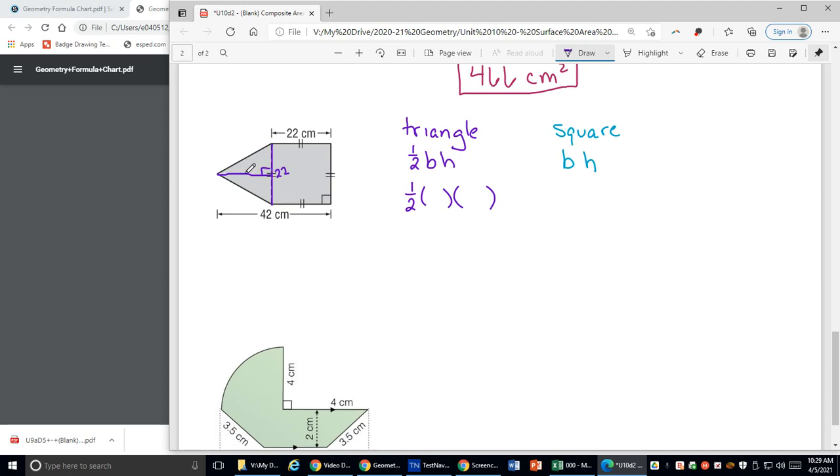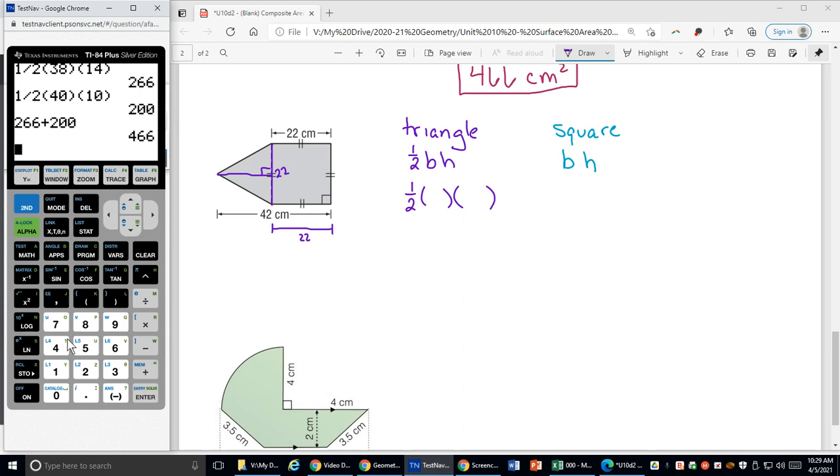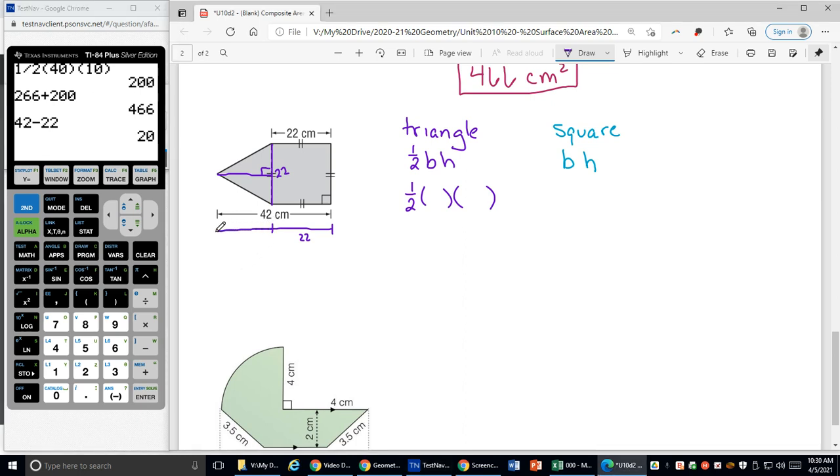So how long is this piece? Well, if all the sides of this piece here are 22, then that means this is 22. And if all of this is 42, then that whole length 42 minus the 22 that I've already used here means that from here to here must be 20. So this is 20.